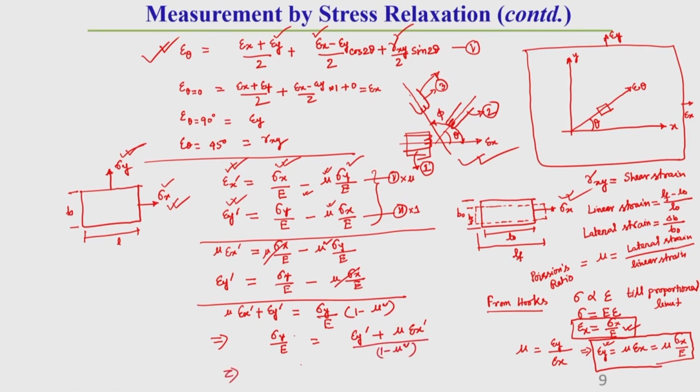So, from here you can easily get sigma y equal to E by 1 minus mu square into epsilon y dashed plus mu into epsilon x dashed. Okay, this is the sigma y you are getting.